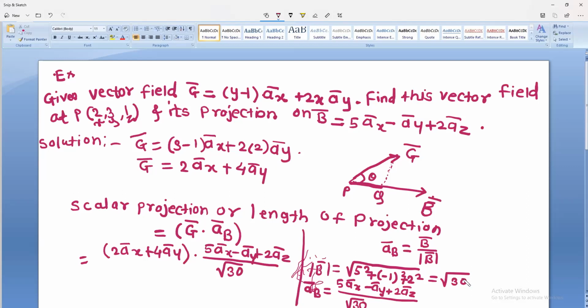Now solve this. This is the dot product. So if there is a dot product, it is a scalar quantity, right? So it is 2 into 5, that is 10 A bar x, plus 4 into minus 1, that is minus 4 A bar y.